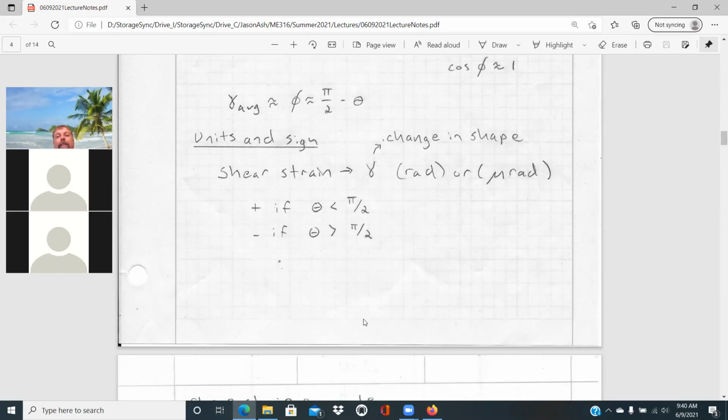And so we wouldn't want to use degrees at all to define the shear strain, but we can use our radians for that. And we can also do the same sleight of hand trick, where if we use microradians, then we take into account that it's a super small value, say something like 200 times 10 to the minus 6th radians. We can just call it 200 microradians.